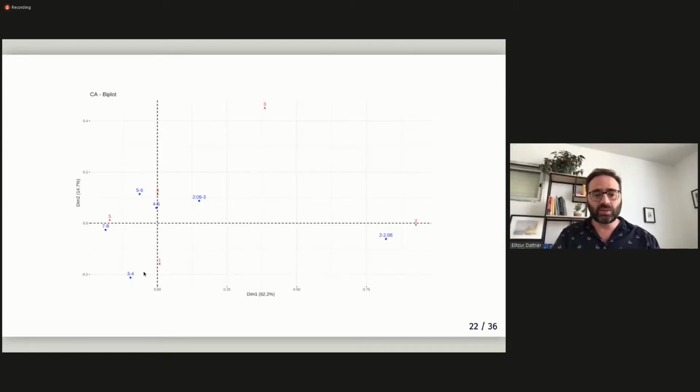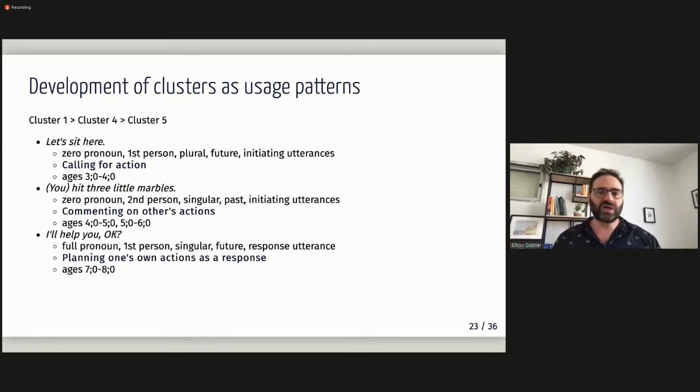However, cluster 1 is mostly associated with the 3-year-olds. Cluster 4 is mostly associated with the 4 to 6-year-olds, and cluster 5 is mostly associated with the 7 to 8 years old. So what does it tell us? We can see a development of clusters as usage patterns. We can see that there is cluster 1 first, then cluster 4, then cluster 5, according to the ages in our data. So first, there is a cluster of zero pronoun, first person plural, future initiating utterances, and it functions in order to call for action.